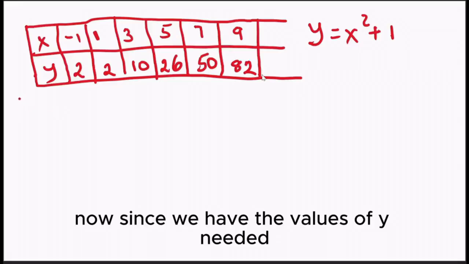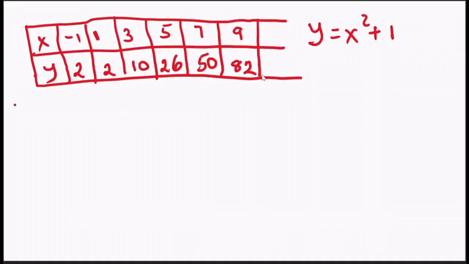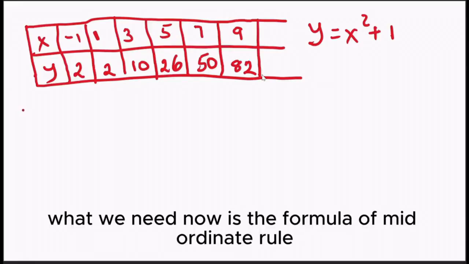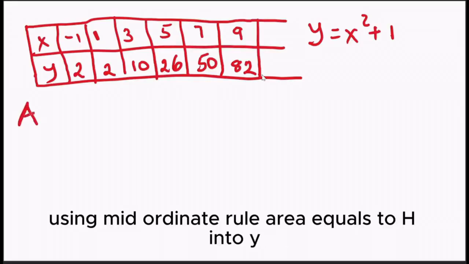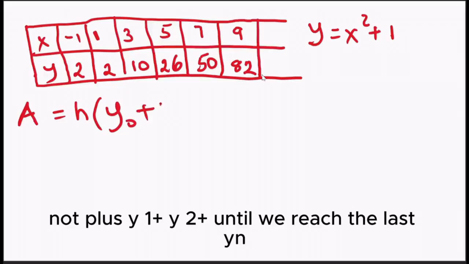Now, since we have the values of y needed, what we need now is the formula of mid-ordinate rule. Using mid-ordinate rule, area equals h into y0 plus y1 plus y2 plus until we reach the last yn.